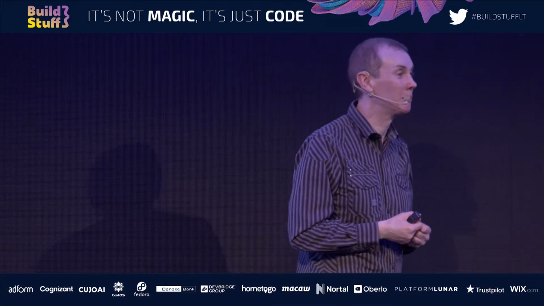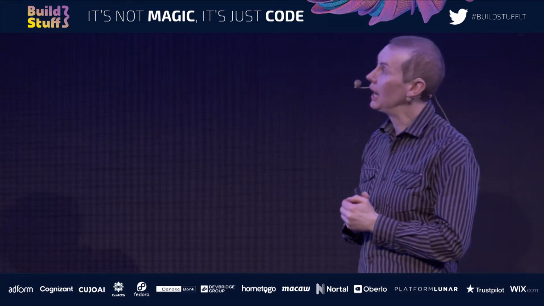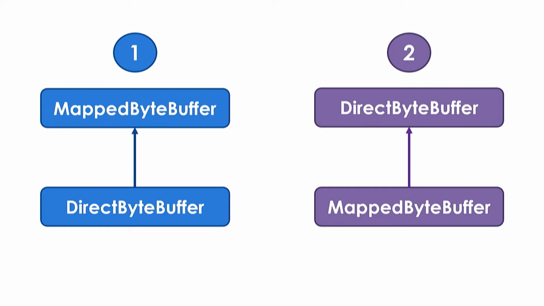Liskov's substitution principle. Let's look at Liskov's substitution principle in the case of this. So if I have a map byte buffer and a direct byte buffer, if one of these was to extend the other, which would be the correct approach? Should direct byte buffer extend map byte buffer, or should map byte buffer extend direct byte buffer?